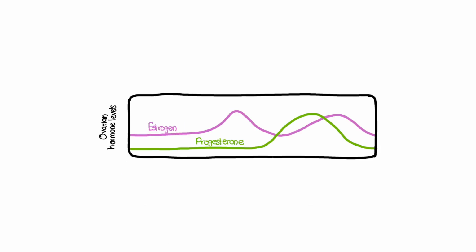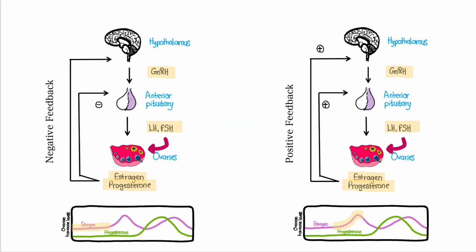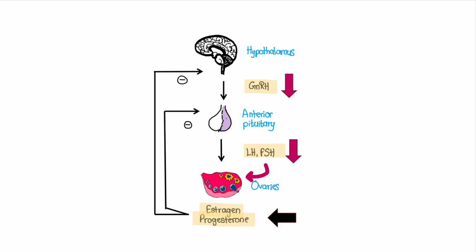Throughout the menstrual cycle, estrogen and progesterone levels fluctuate. These hormones exert negative feedback on the hypothalamus and pituitary glands. However, sometimes when certain thresholds of these hormones are met, they can also exert positive feedbacks. Estrogen and progesterone inhibit the release of gonadotropin-releasing hormone from the hypothalamus.